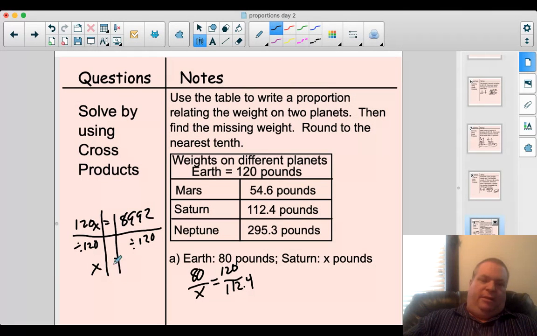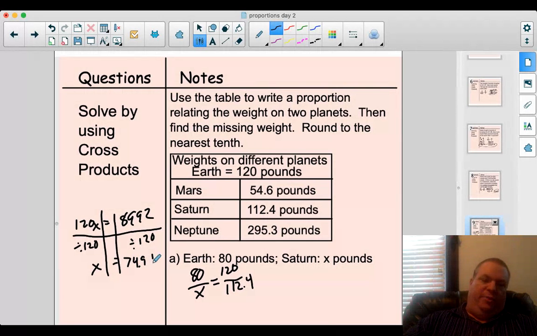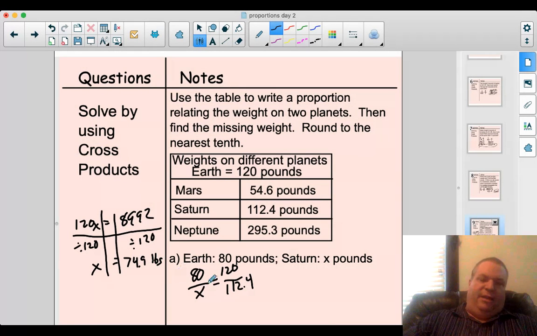And I get x equals about 74.9. It says round to the nearest tenth. So that's 1 decimal point, so 74.9 pounds. And like I predicted, that's just a little less than 80.